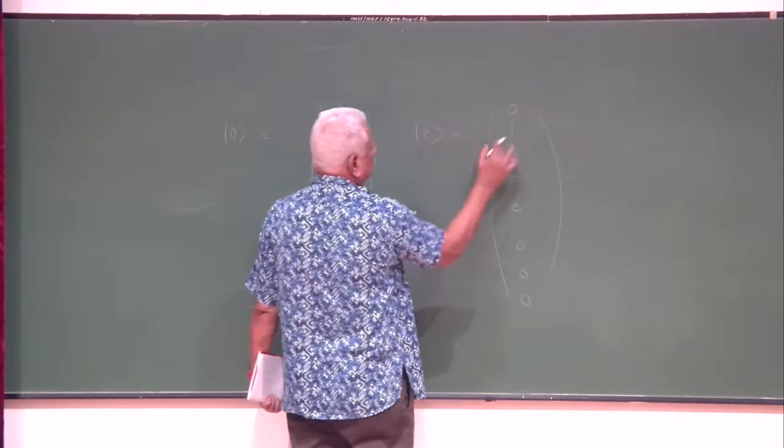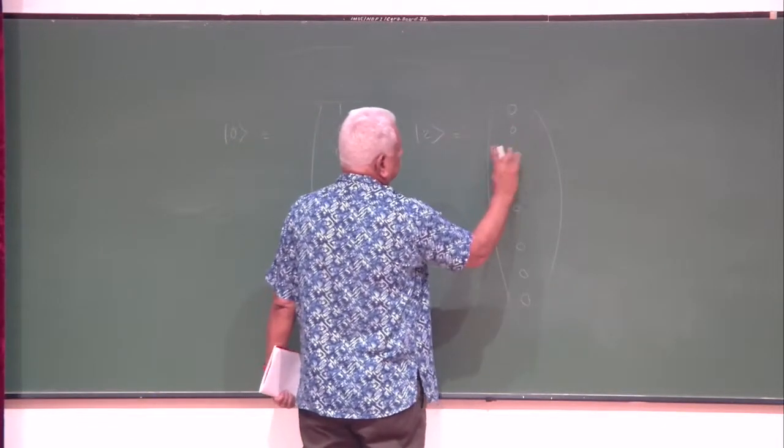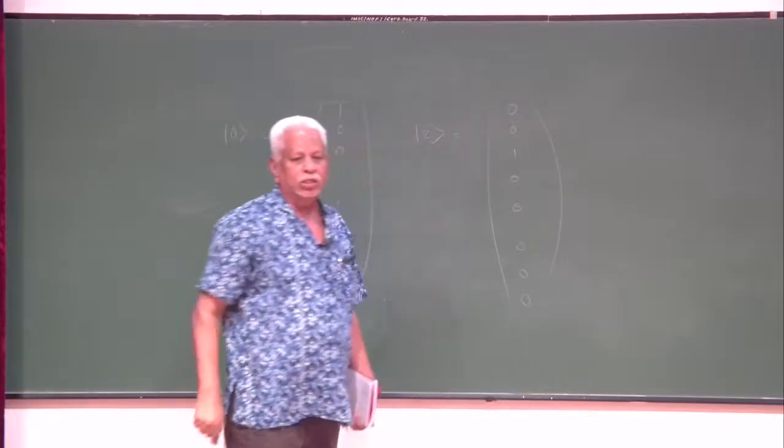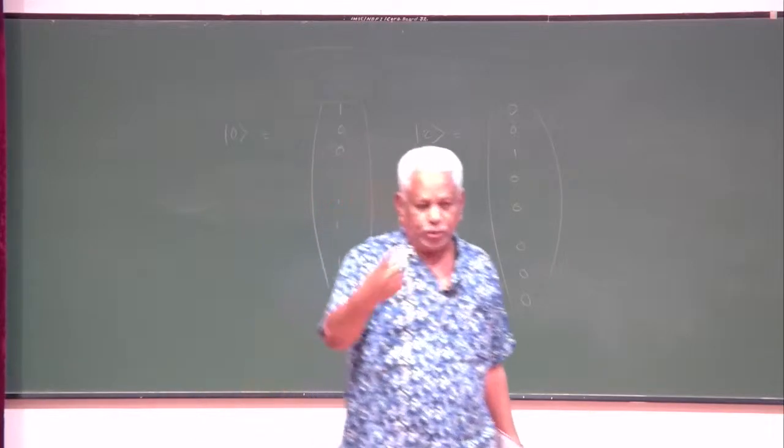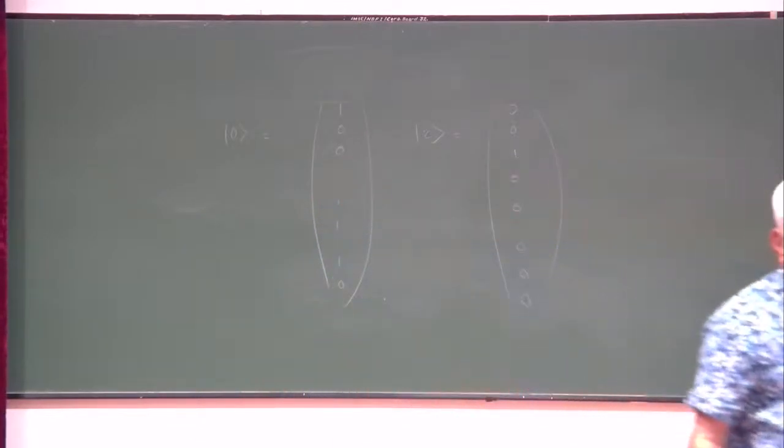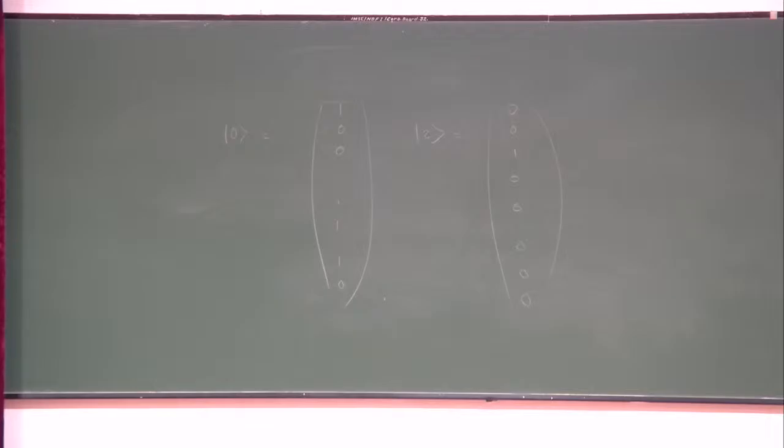And for 2, I will erase here and write it. The third position is 1, and so on for the fourth position. That is the collection of vectors. Any vector is a linear combination of them. Any arbitrary vector will be written as a1, a2, a3 up to infinity.